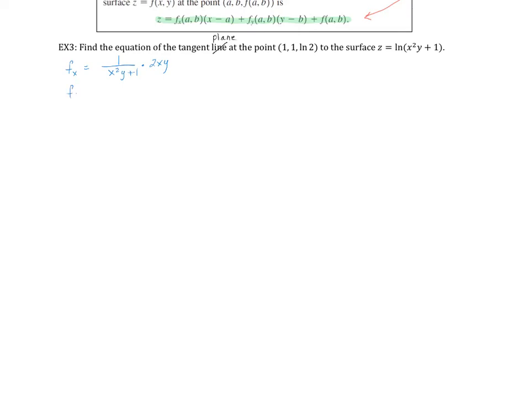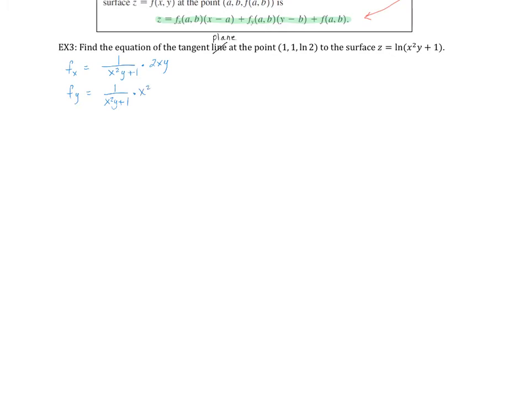And the partial with respect to y, I'm not even going to bother to write this in vector form because notice in my equation of the tangent plane, I don't really need the gradient vector. So the partial with respect to y of this function would be 1 over x squared y plus 1 times the partial with respect to y, which would be x squared.